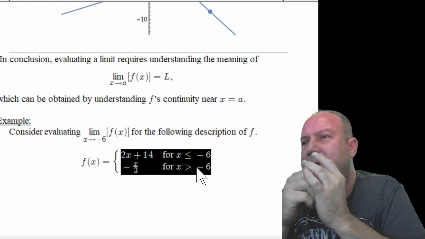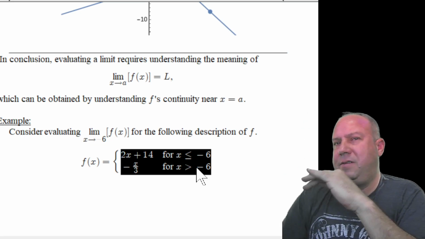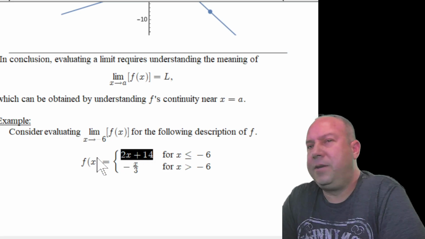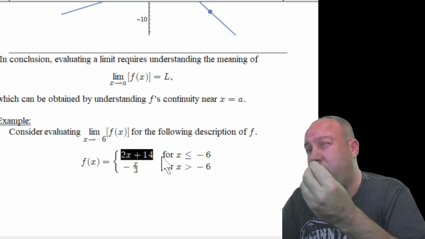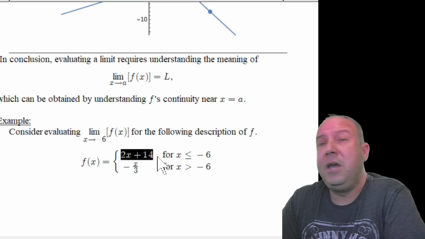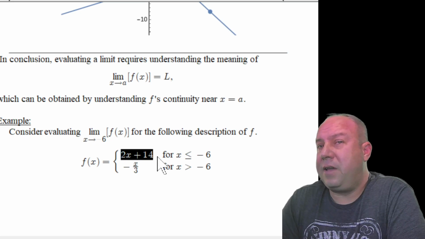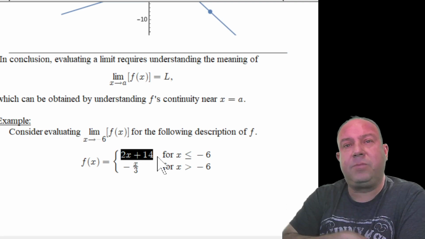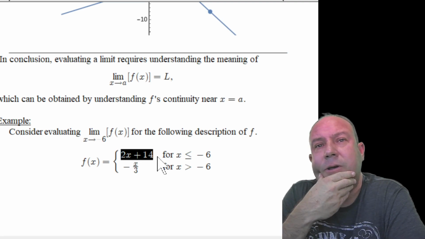Take a note here. If we look at the approach from the left, we would be on this piece for x less than -6. And notice -6 times 2 would be -12, plus 14 would be +2 using the substitution method. The left-hand approach will always yield a value, and you can get there through substitution because you're dealing with a linear function.